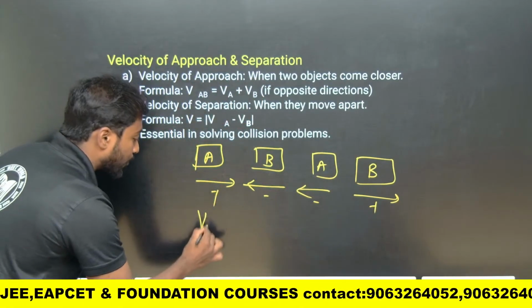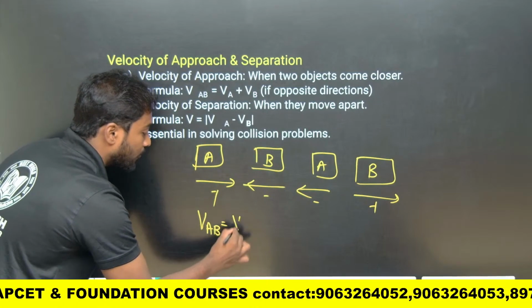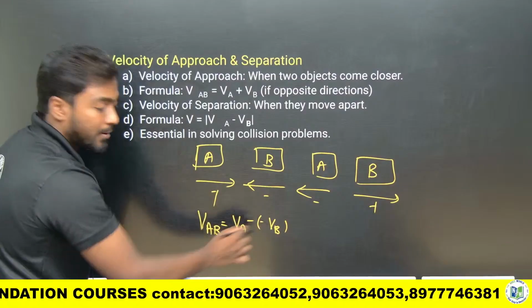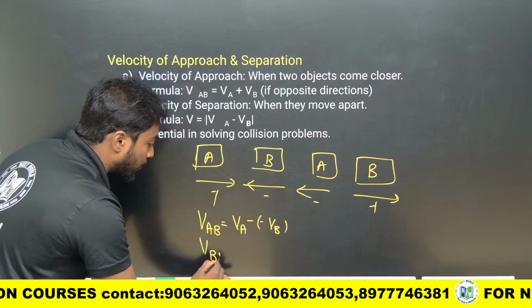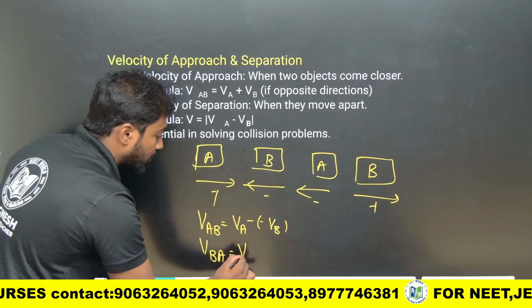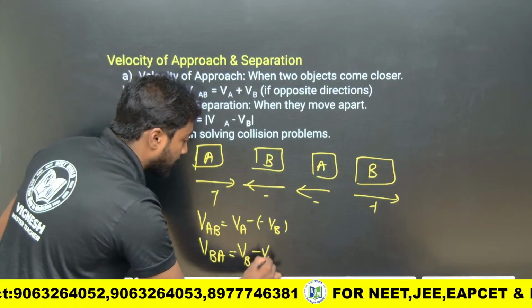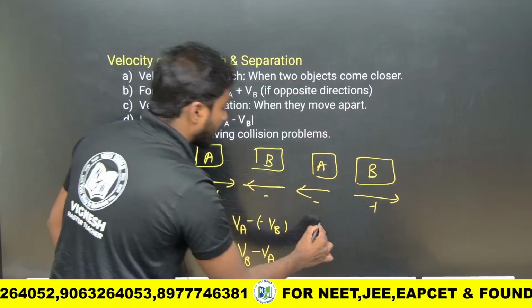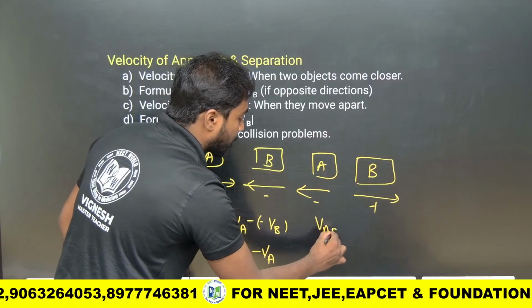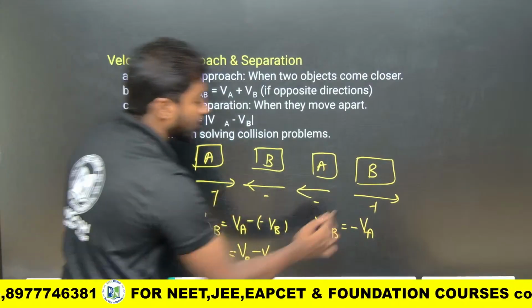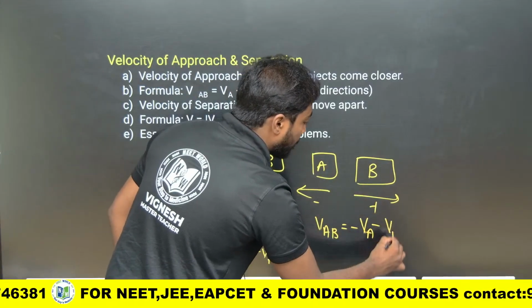Now velocity of A with respect to B is VA minus of minus VB, which is nothing but VA plus VB. Velocity of B with respect to A is negative VB minus VA. Now for this one, velocity of A with respect to B is minus VA, going in the negative direction, minus VB.